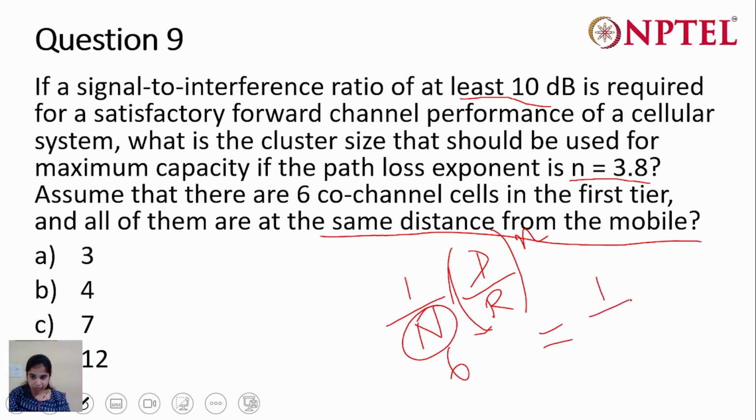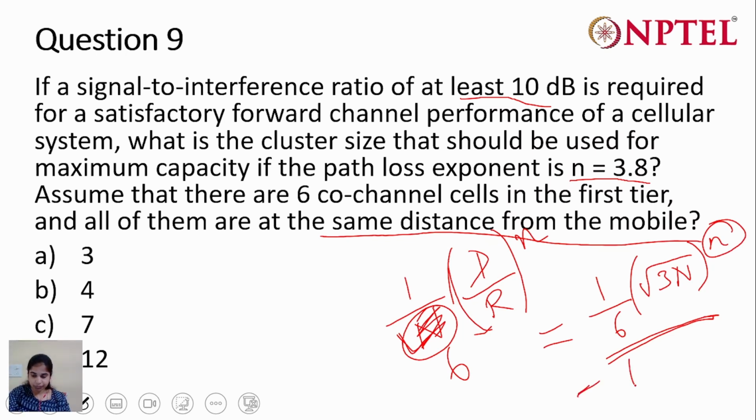This will be equal to 1 by 6 into D by R. We could write it as root of 3L. Sorry, I shouldn't use n here, maybe I should use L. So this will be equal to 1 by 6 into root of 3L the whole power n, and this n is 3.8. This is equal to 10 dB, which comes out to be 10.